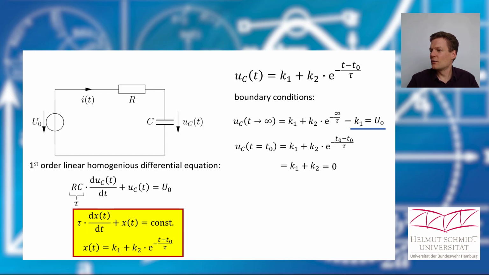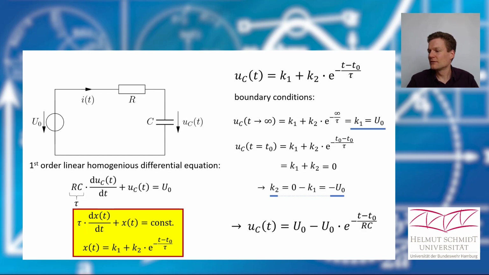Okay, so we can solve this equation for K2 and find out that our K2 is minus U0. And therefore we are finished. We have our time function for the voltage at the capacitor.